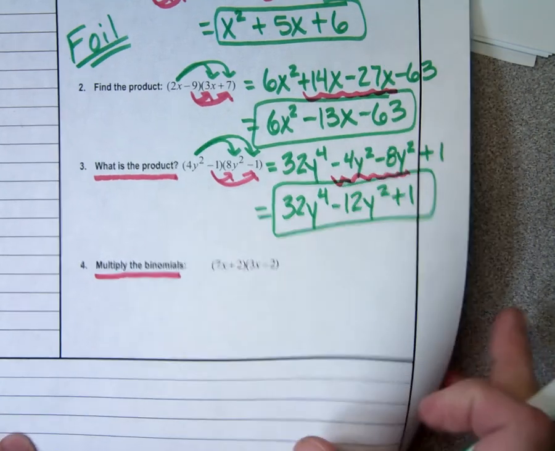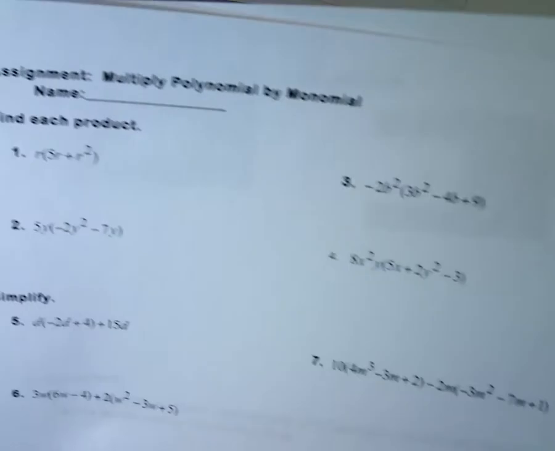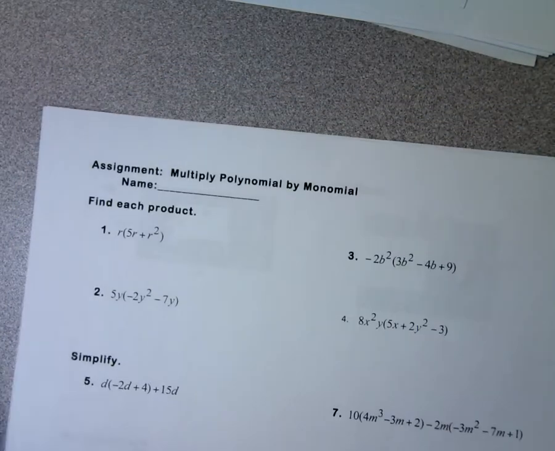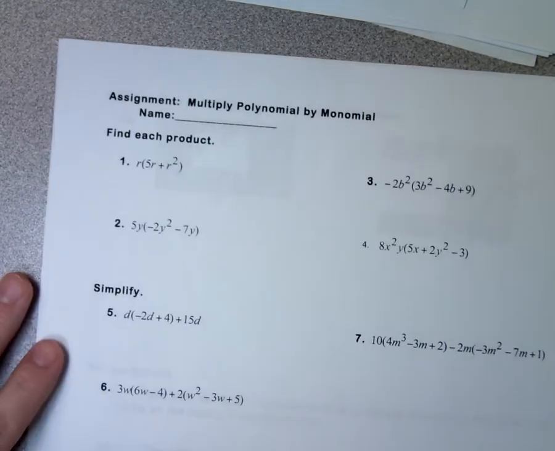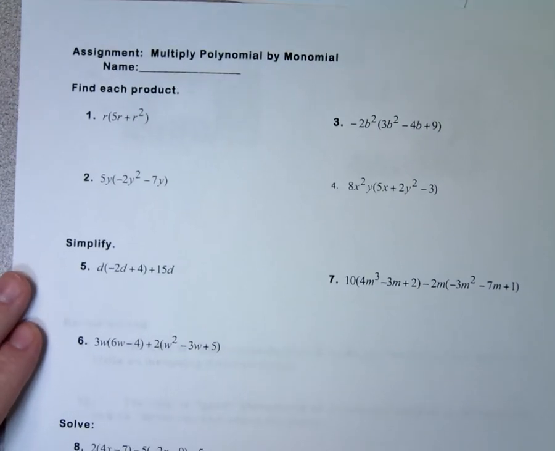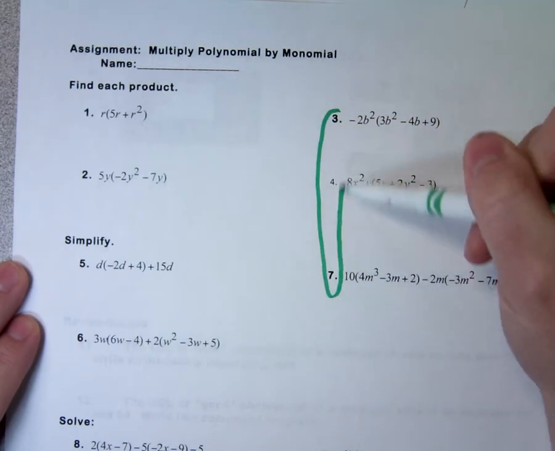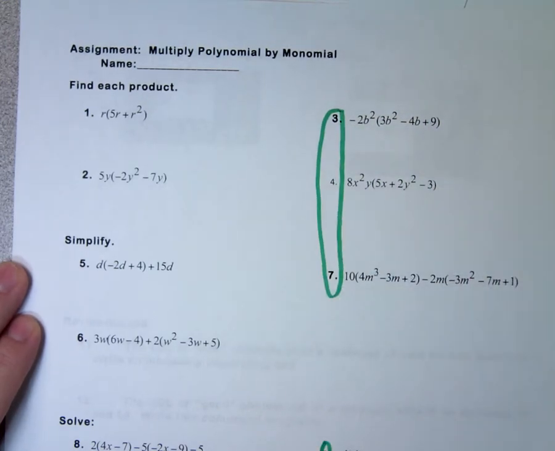Okay, so let's look at your homework assignments for a second. On this first assignment here, multiply polynomial by monomial. On the front, I just want you to do 3, 4, 7, and 9.